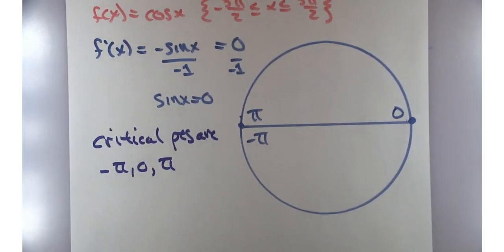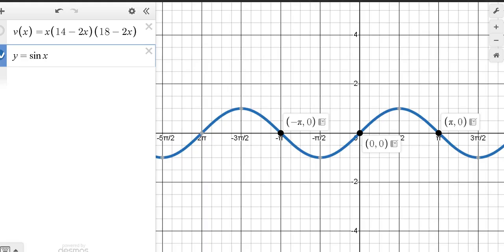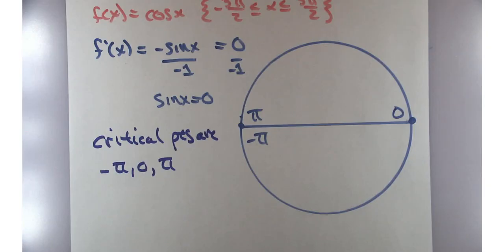Nice. Let's work with the next one. And the next one is going to show you a little bit of a trick in terms of factoring and working with your derivatives. So for the next one, let me get back over to here.